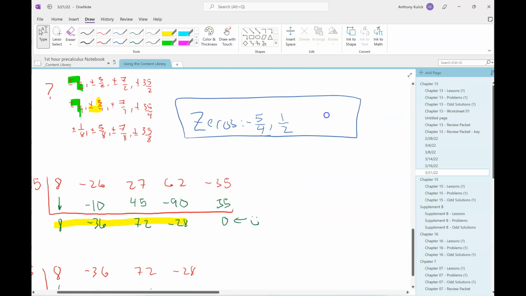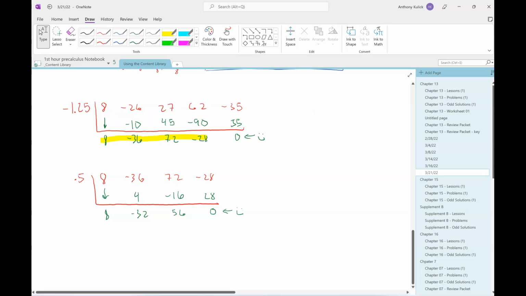Just as an aside, after I do the synthetic division, say I had done 1/4, what would have happened? How would I have known that it wasn't the right one? Say I did the synthetic division with 1/4 here instead of 1/2, which was not the answer I was looking for. How would I know when I finished that that one didn't work?